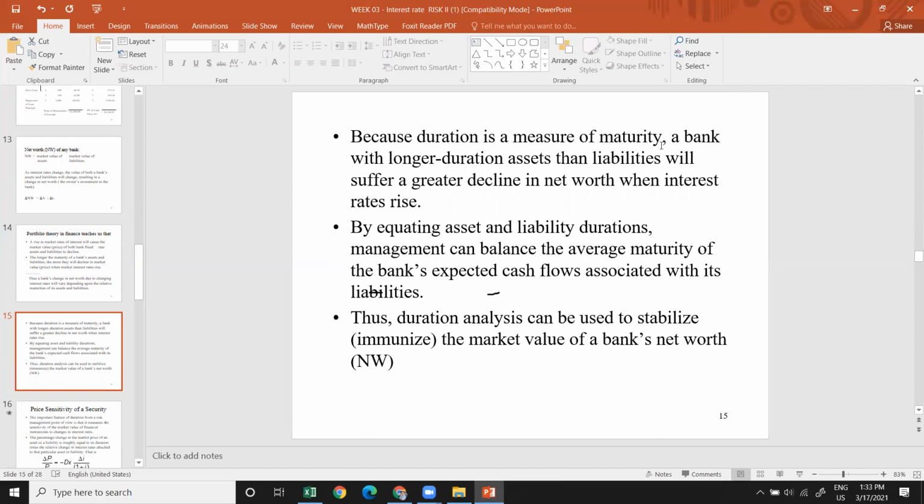So when you balance it, the duration analysis can be used to stabilize the market value of the bank's net worth. In other words, it can be called immunizing the balance sheet. So when a financial manager immunizes the balance sheet, it means they're trying to match the duration of the assets with the duration of the liabilities.